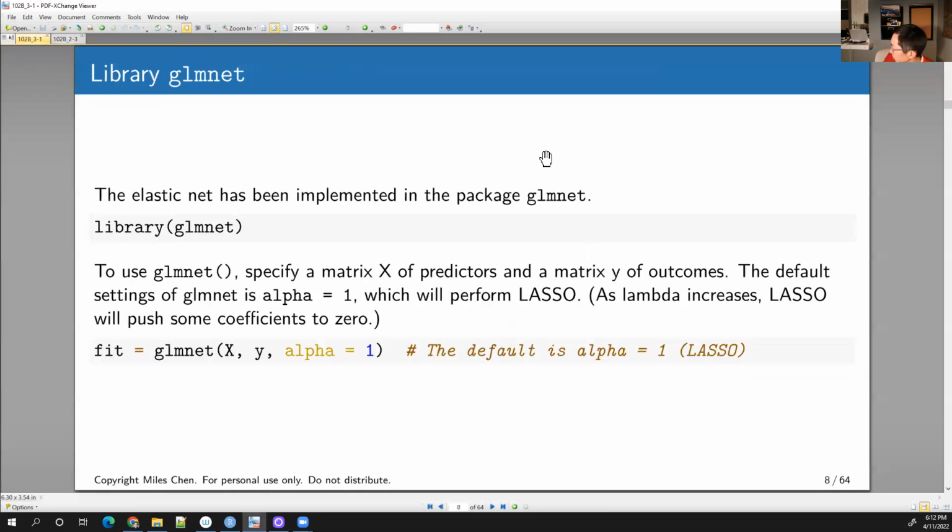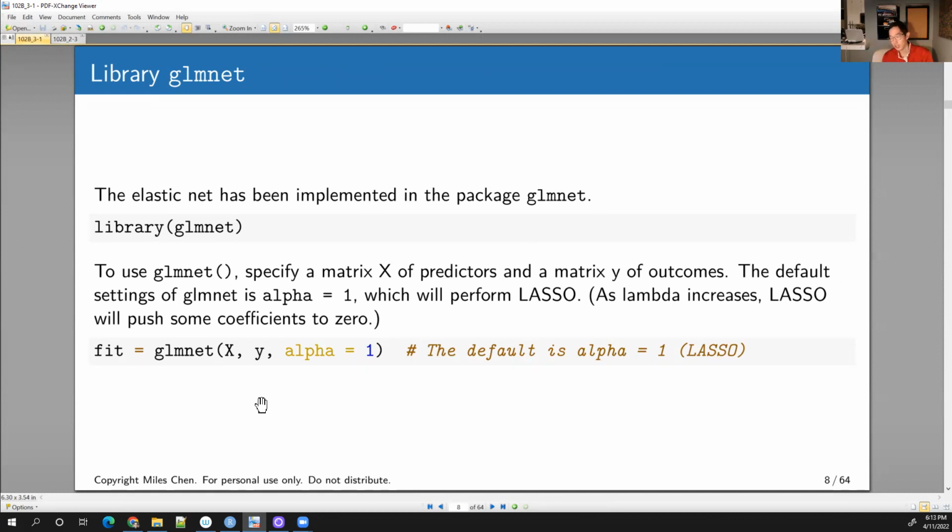All right, so if we wanted to use glmnet, it might look something like this. You would call library(glmnet). The way it works is a little different from what we're accustomed to. Normally you'd call something like lm or glm and do y tilde x.